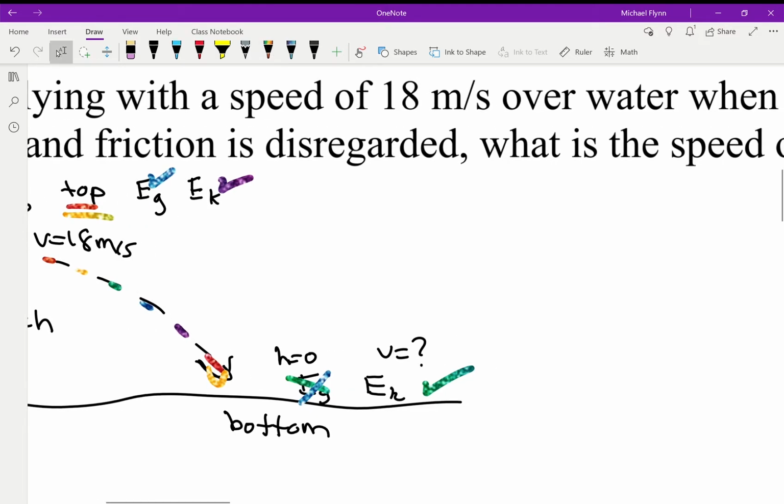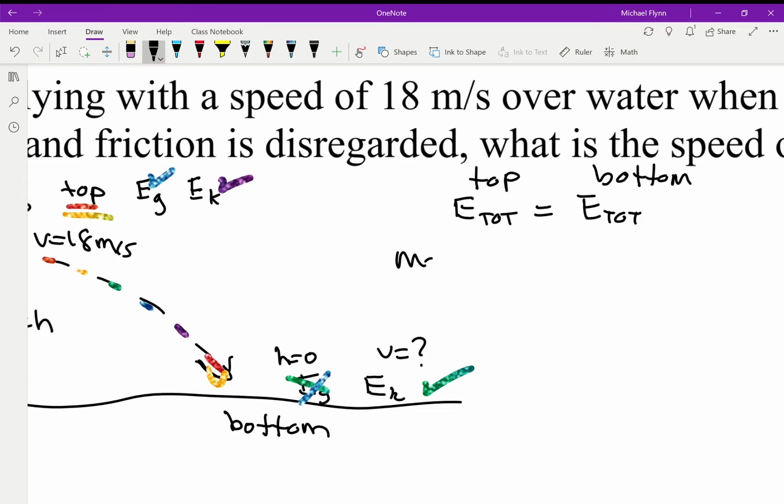Okay? Now, the way you break these questions down is like this. The total mechanical energy has to stay the same. So in other words, the total energy at the top has to equal the total energy at the bottom. Okay? Let me write it out in a separate step.